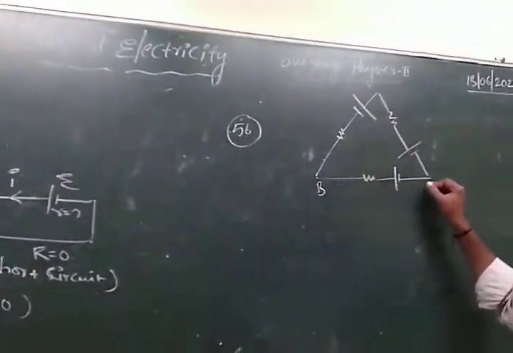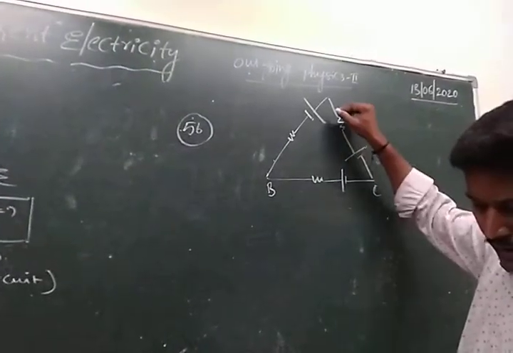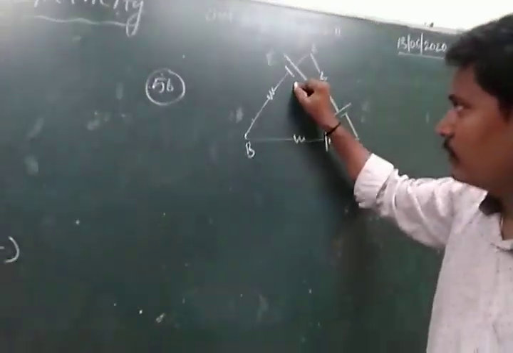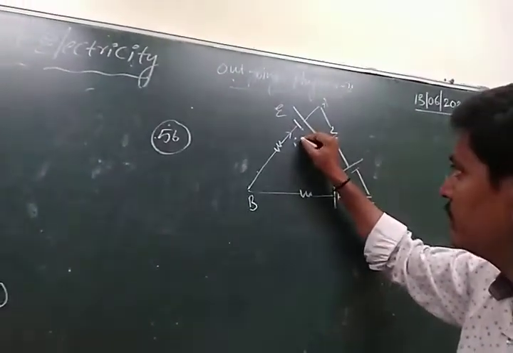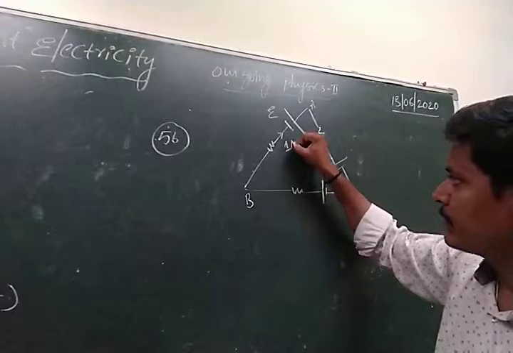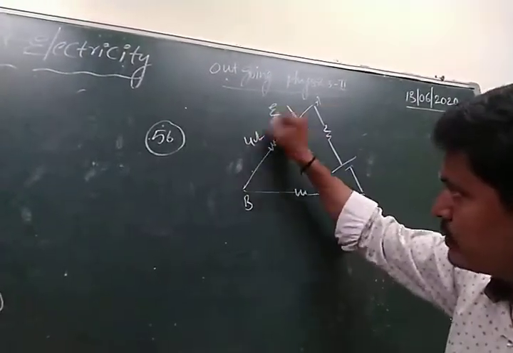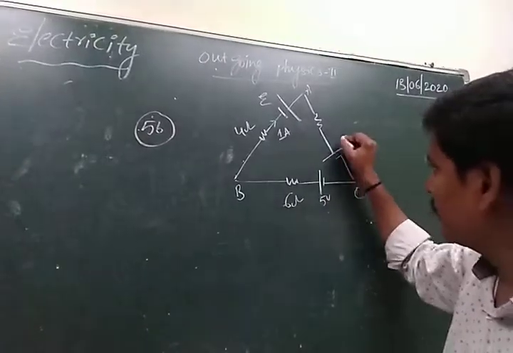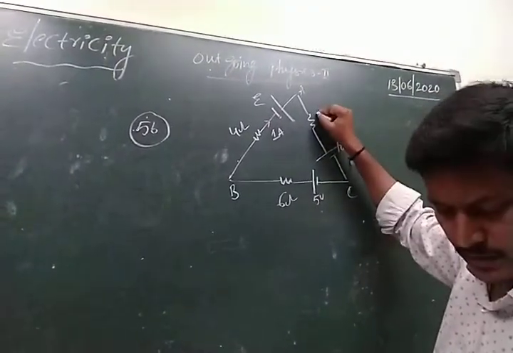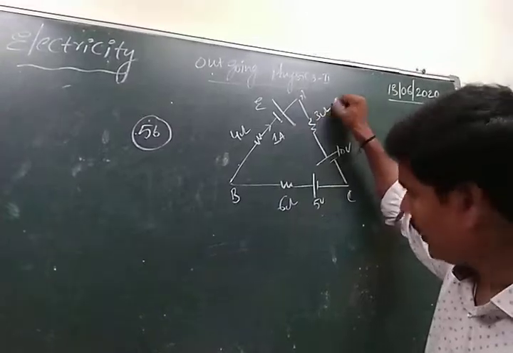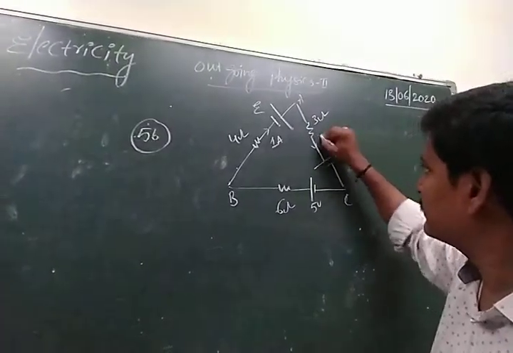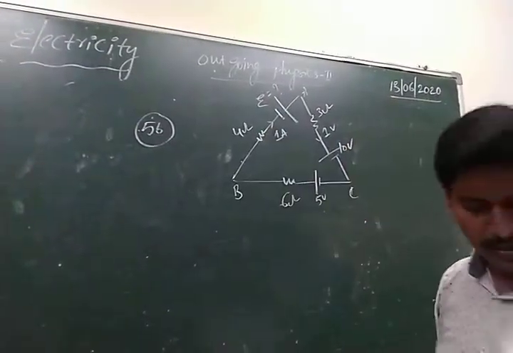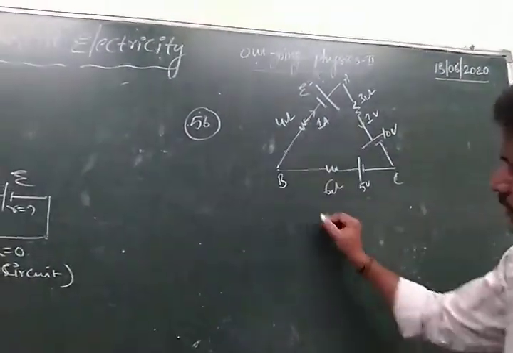Here B, next one C, here terminal A. The battery EMF is E, and a 1 ampere current is flowing through it. The resistance values mentioned are 4 ohms, 6 ohms, 5 volts, 10 volts, next 3 ohms, with 1 ampere current. Then find the EMF of the battery.